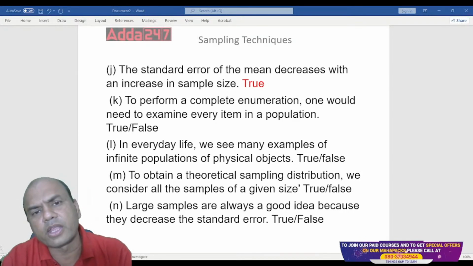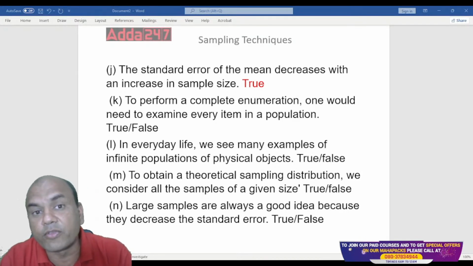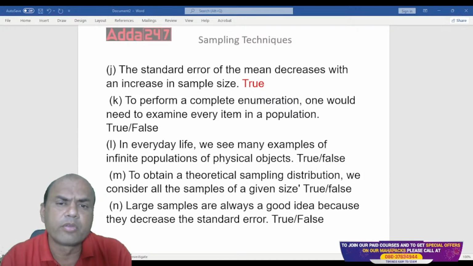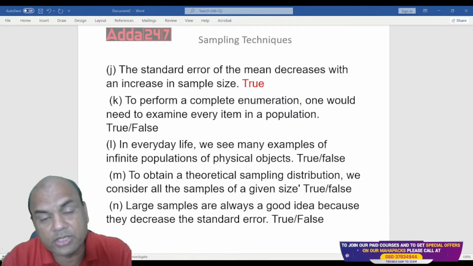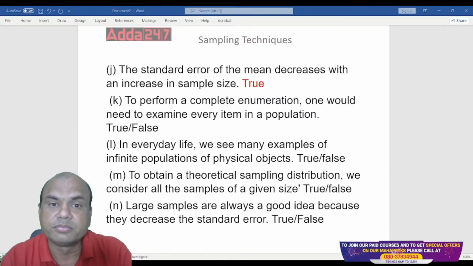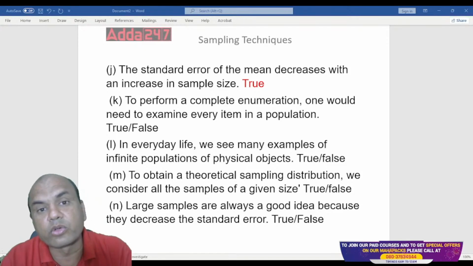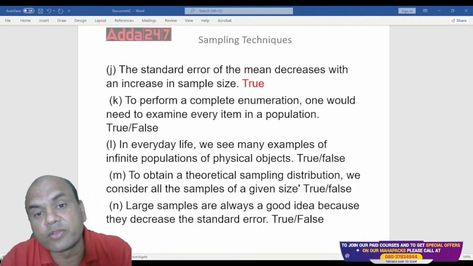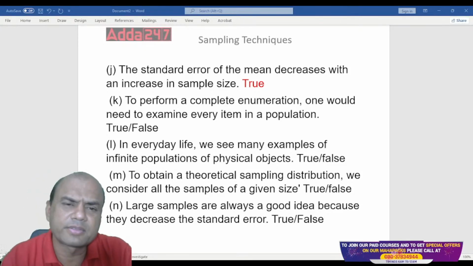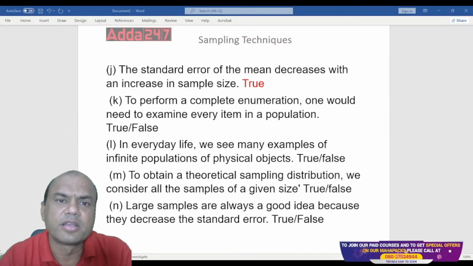Will I have to take a sample of each and every person in Delhi? Will I have to go to each and every house and ask, what is your salary, and some 5-6 questions? Is it required to survey each and every element? Not required, isn't it?